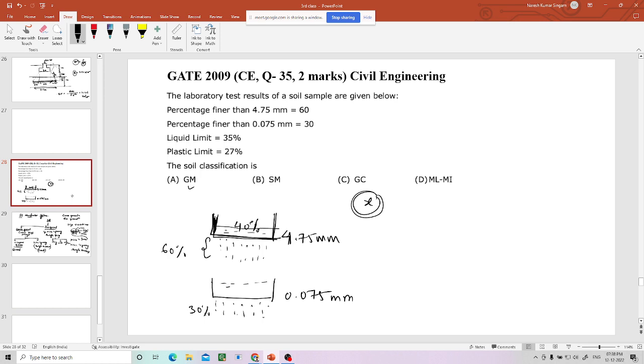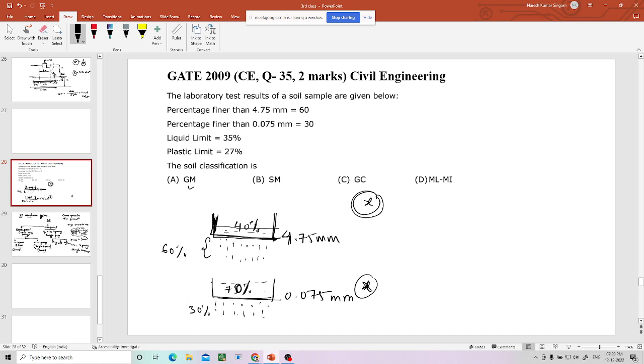So the 60% lies below 4.75, and some of that soil goes further below 0.075, that is 30% of the total amount.